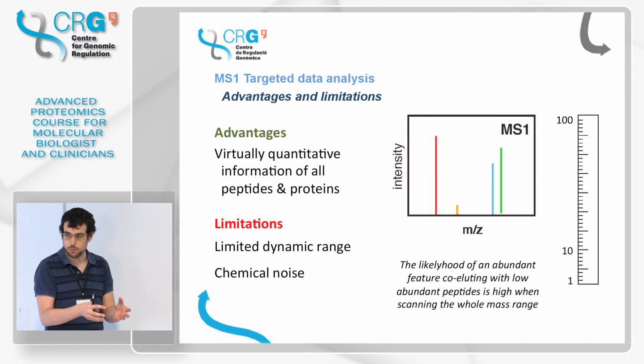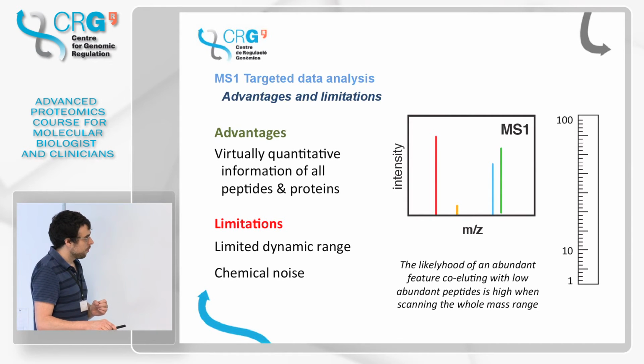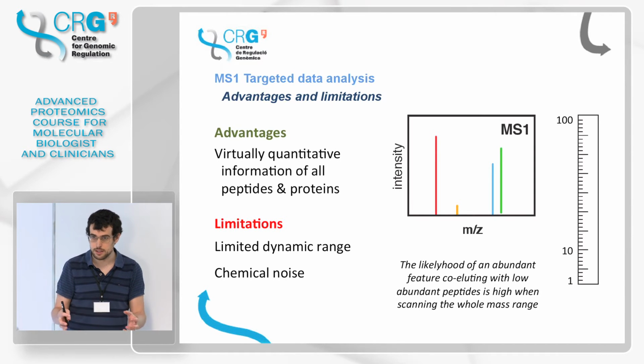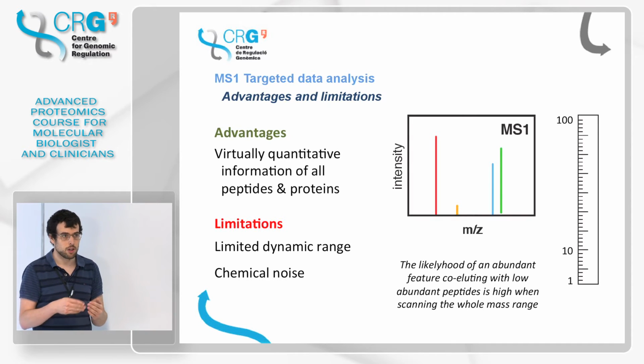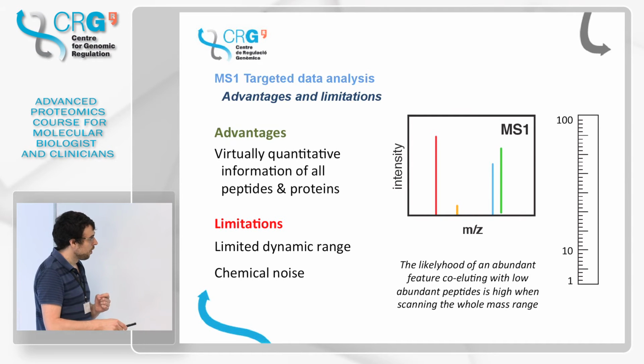Not everything that we record, we are able to fragment and identify. And the limitations are two main ones. The first one is chemical noise, meaning that samples are so complex, we are dealing with 100,000 analytes, that there are a lot of interferences. There are a lot of peptides that weigh slightly similar and the signals overlap, right? And this is a challenge when we do MS1 quantitation.